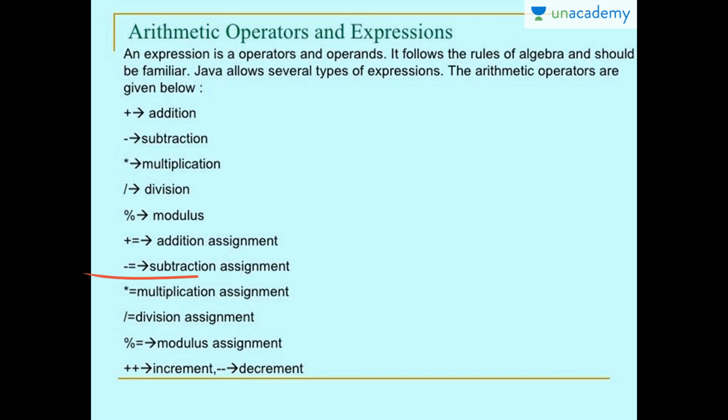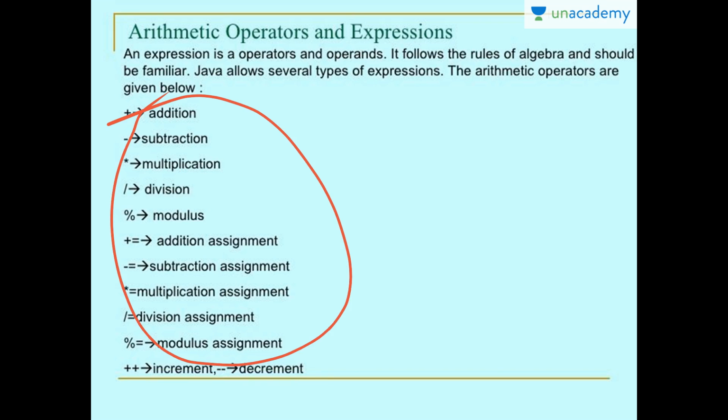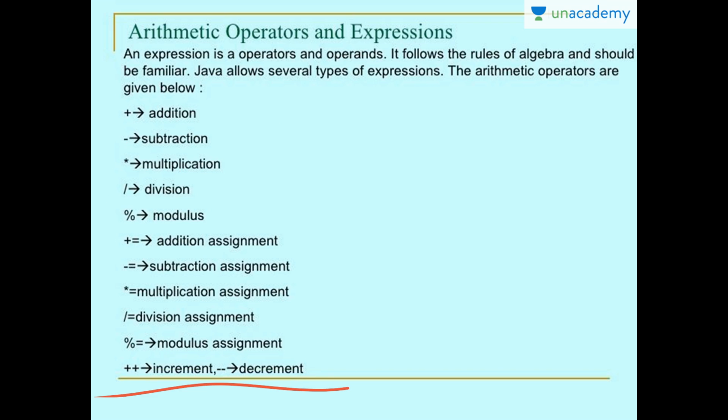In the same way, there is a subtraction assignment operator, x -= 1, that is x = x - 1. Similarly we have multiplication assignment, division assignment, and modulus assignment too, like x %= 2. Lastly we have increment and decrement. These are unary operators that can be used with a single operand, whereas all the others are used with two operands.